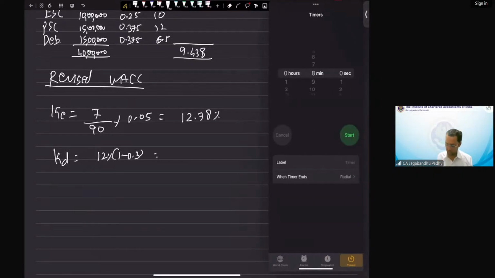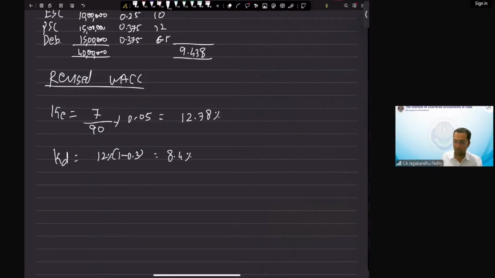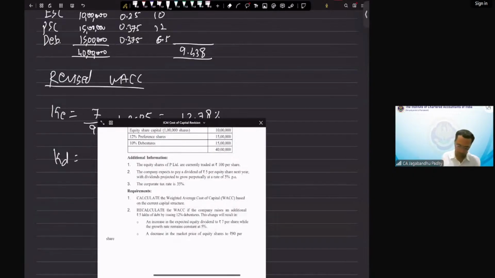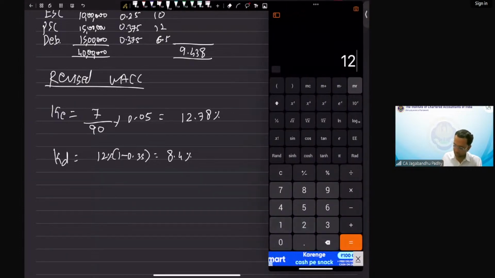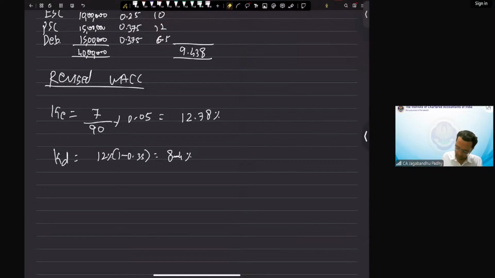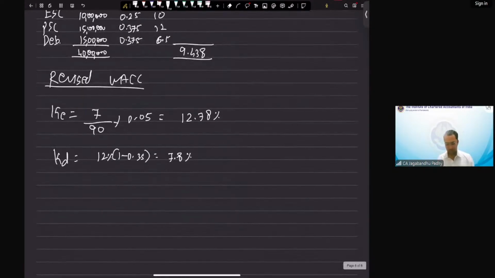So that is 12 into 0.7, which is 8.4%. Sorry, what's the tax rate over there? 35%, my bad. Tax rate is 35%. So 12 into 0.65, which is 7.8%. So Ke is 12.78 and Kd is 7.8%.